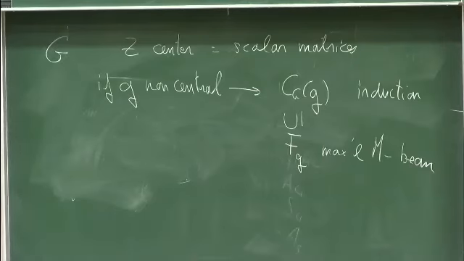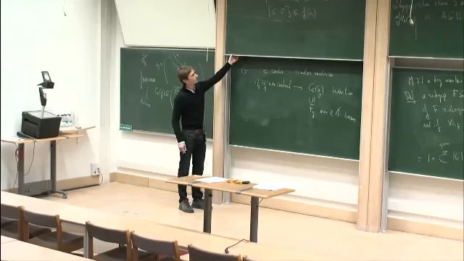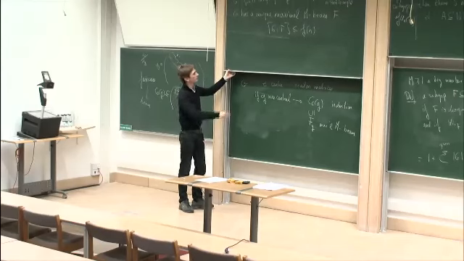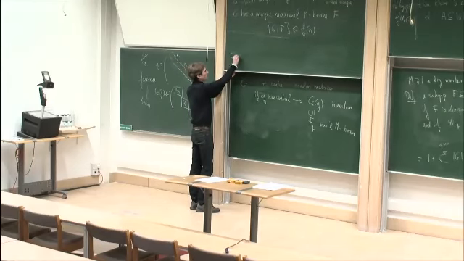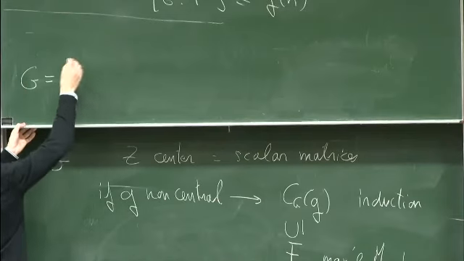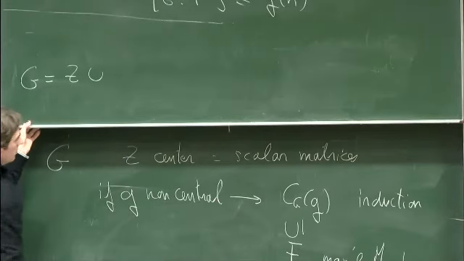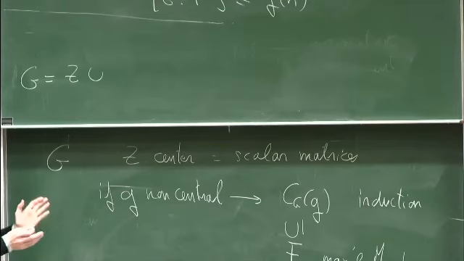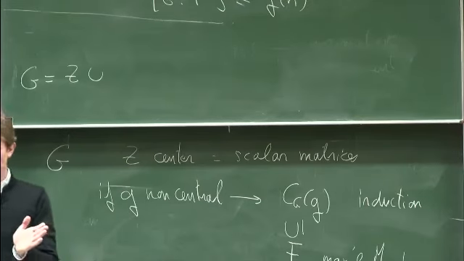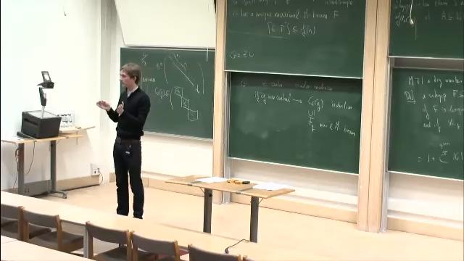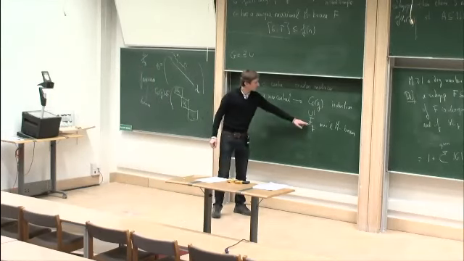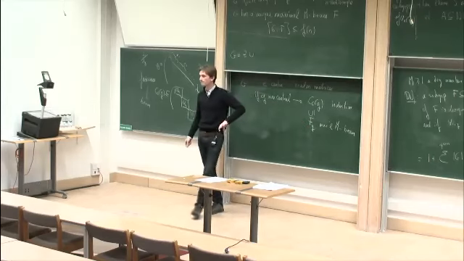So then, how do you proceed from there? You do as we did for subgroups of SO3. You write G as the union of the center, together with the rest. You're going to group the elements together if they have the same m-beam. So you group two elements together if F(g) is equal to F(g').